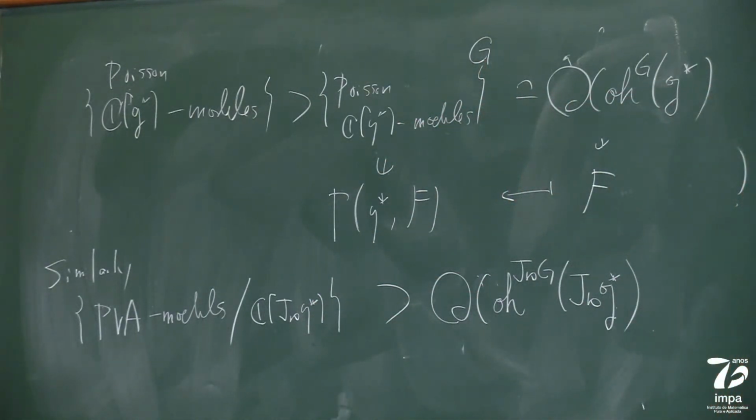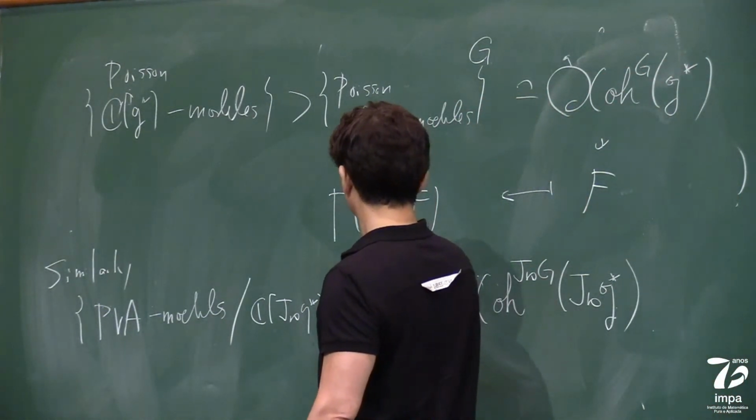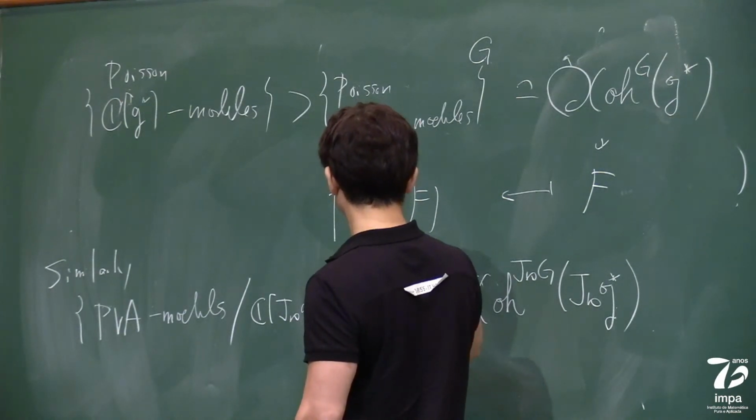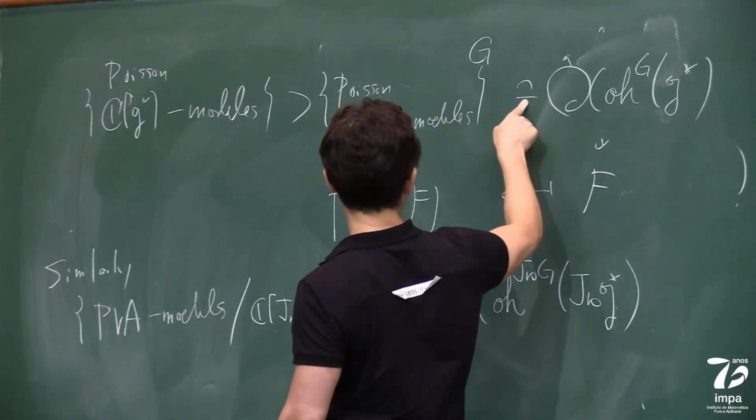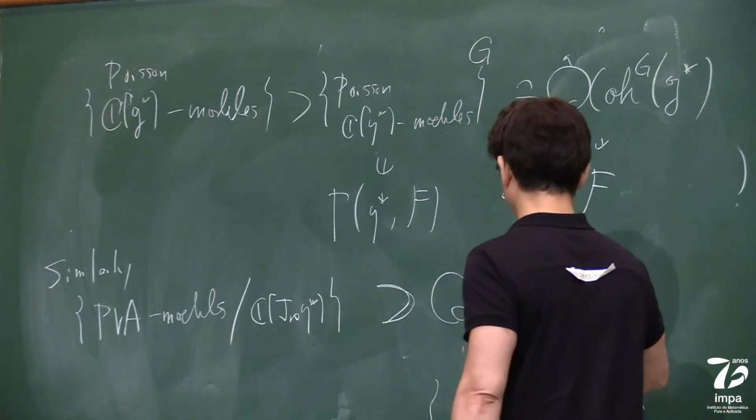Yeah. Okay. And do you want to have a condition on the Poisson side? What do you mean, Poisson? So in the bottom line, do you want to have a condition that the top level integrates to the group? Yeah, so this is a full subcategory. So this is the same thing as this.